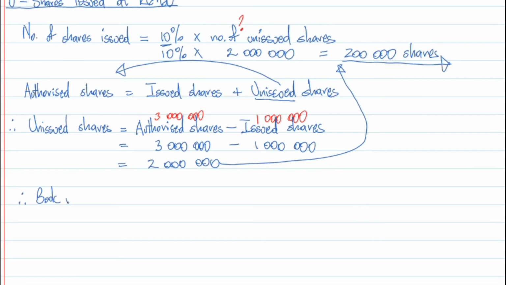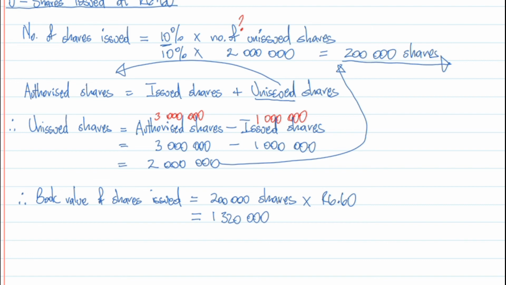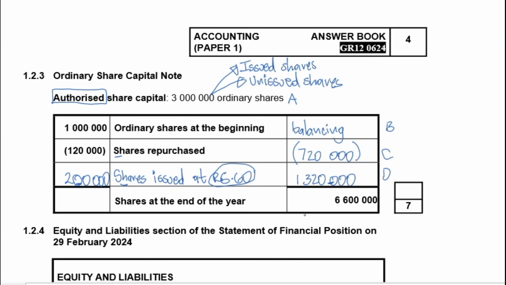So the book value of the shares is going to be 200,000 shares multiplied by R6.60. This gives us a book value of 1,320,000 rands.